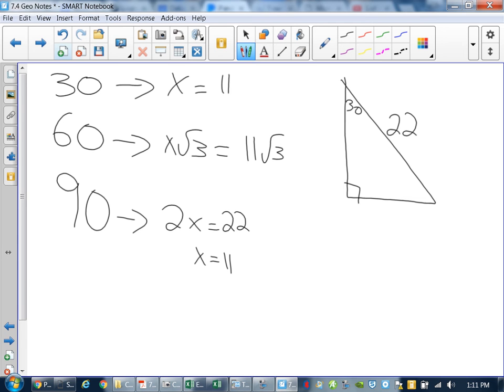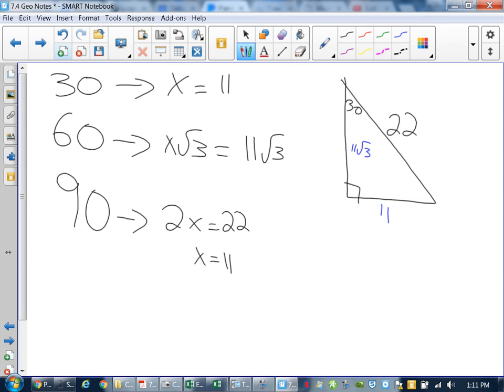That's it. All it is, you figure out which triangle you have. Across from what angle do you know? You mean 11 root 3? Oh, because that's how much it is across from the 60. The side length will be 11 root 3.